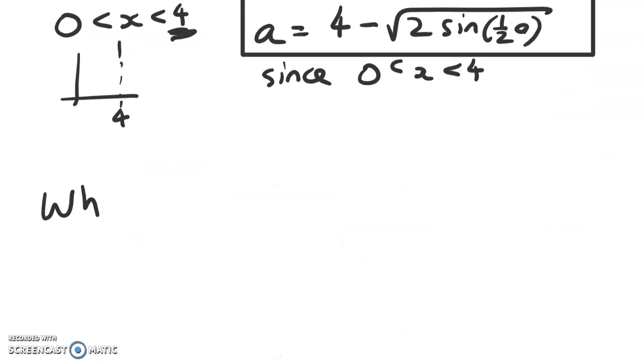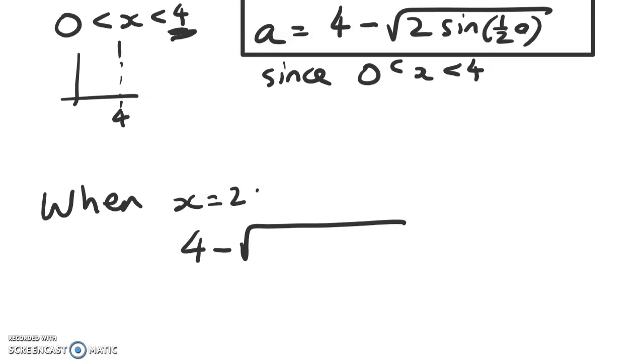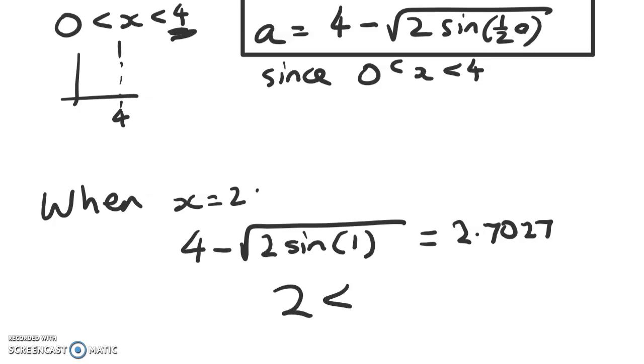So when x equals 2, we've got 4 minus root 2 times sine of 1 works out to be 2.7027, and 2 is less than that. So 2 is less than 2.7027.